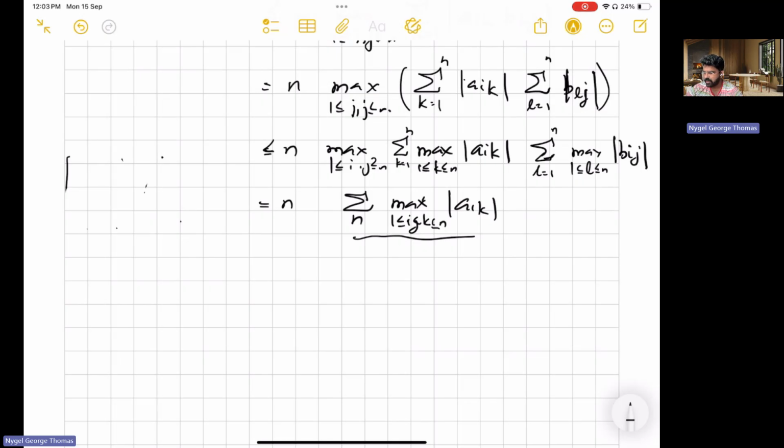This is actually a constant term, right? This is independent of n and k. It is just one term, but you're adding it n times.